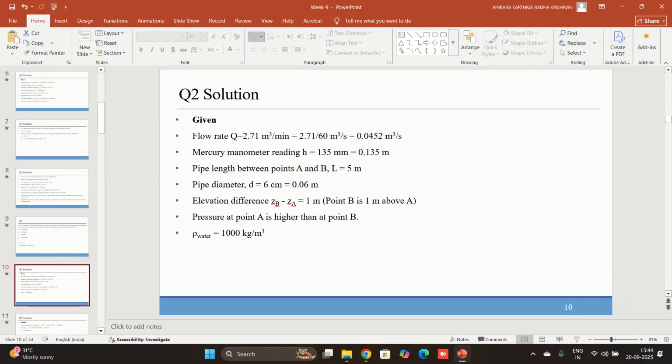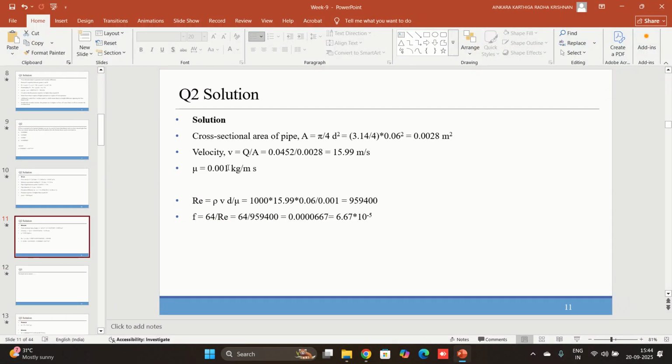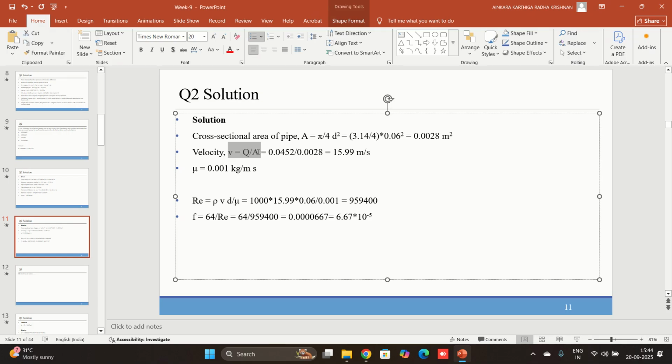For calculating Re, we need rho V d by mu. Rho and mu are fluid properties. V is the velocity, which we get using Q by A, flow rate divided by cross sectional area. And D is the geometric property. That gives us the Reynolds number, and substituting into f equal to 64 by Re gives us the friction factor.